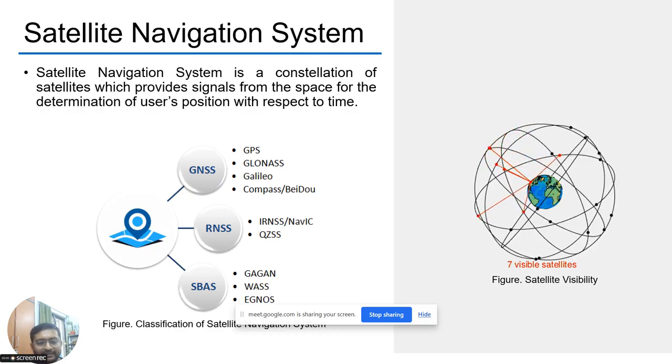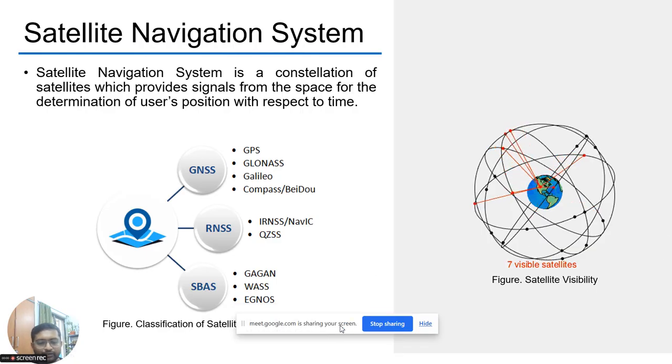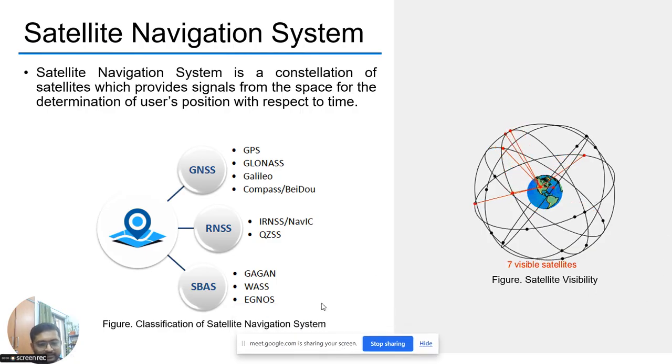After that, there are some SBAS, which are augmentation systems that give us corrections to provide precise positioning to the users. GAGAN is our Indian system. Then WAAS is also a satellite-based augmentation system, a Wide Area Augmentation System. And then there is EGNOS, another augmentation system.